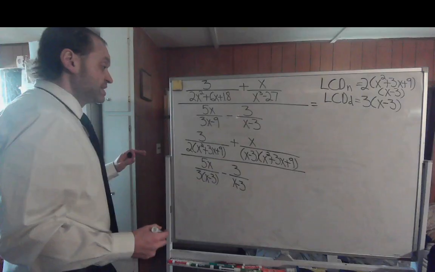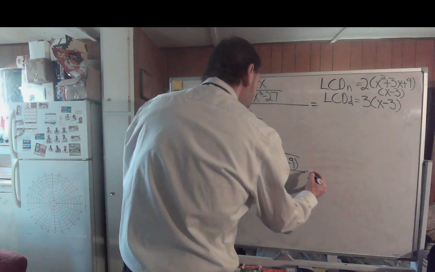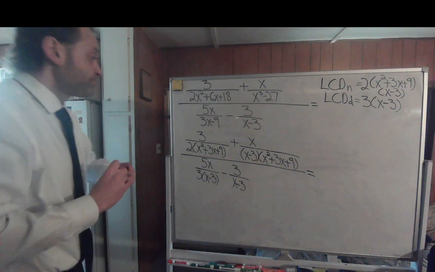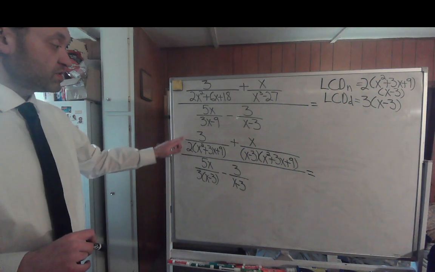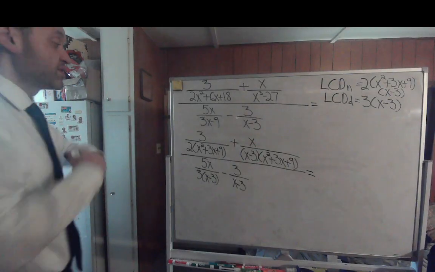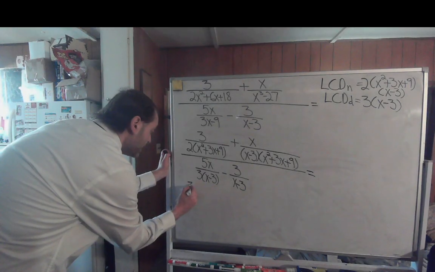Well, let's simplify this a bit more. The only thing you're missing on the first term of the numerator is literally an x minus 3. So we have to multiply numerator and denominator by x minus 3.